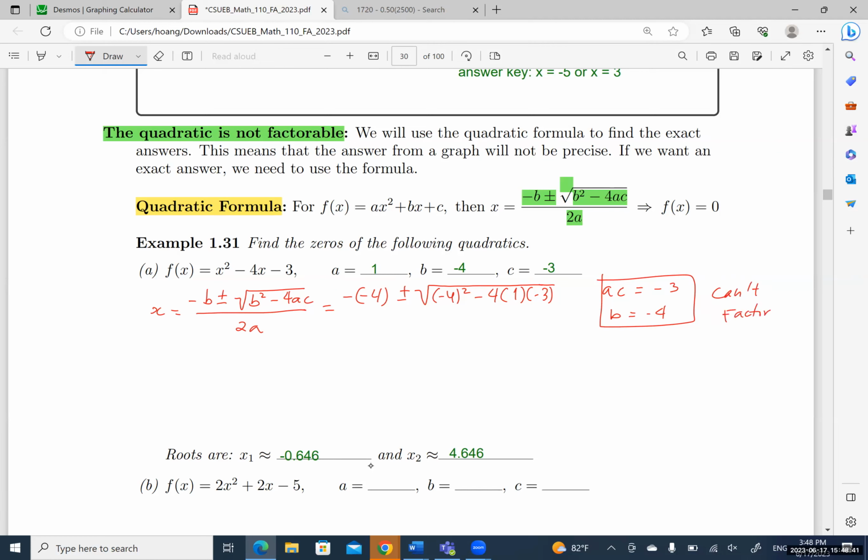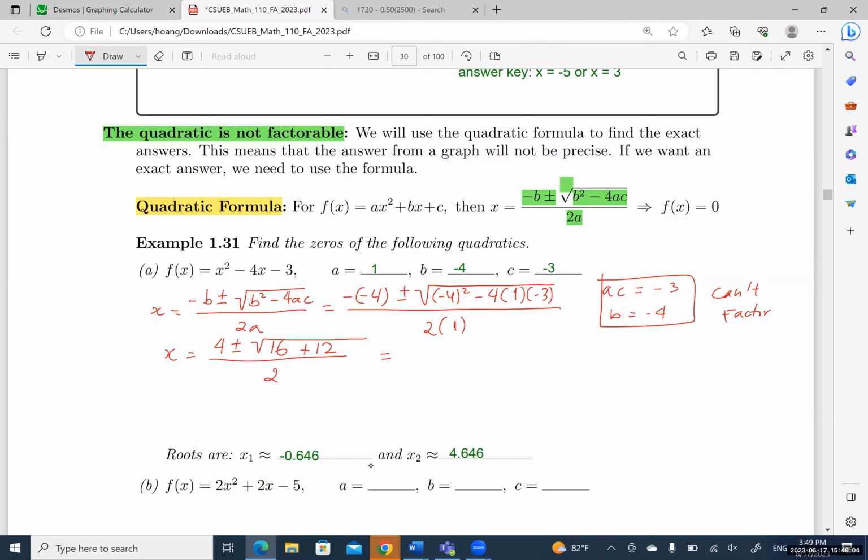Now divide by 2a, which is 2 times 1. We have x equals 4 plus or minus the square root of 16 plus 12, divided by 2.